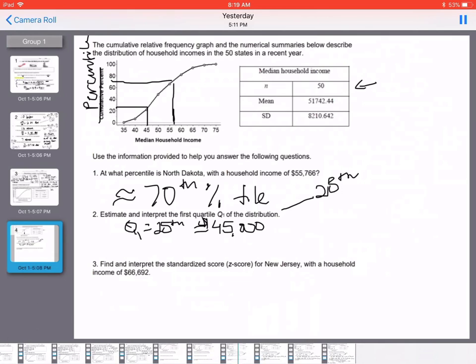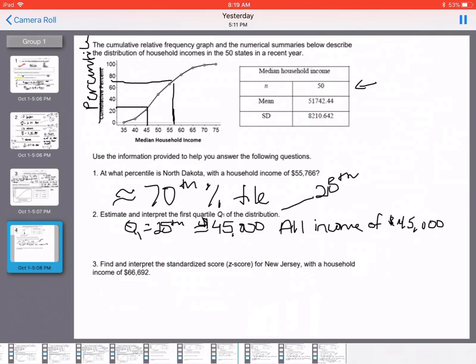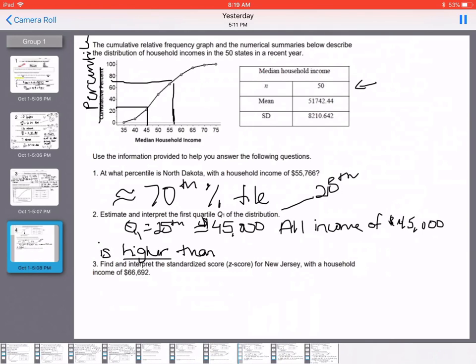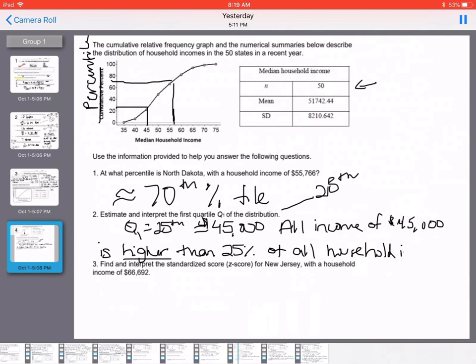Interpret, I would say all income of $45,000 is higher than 25% of all household incomes.